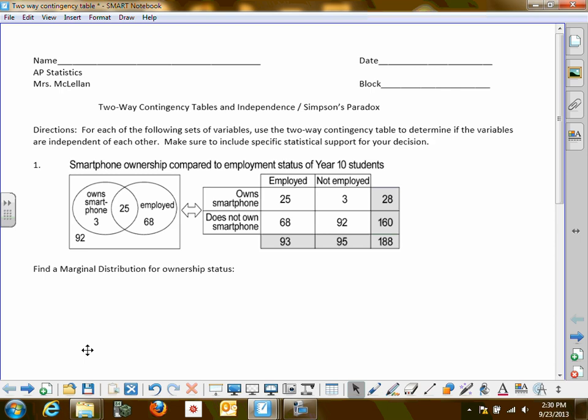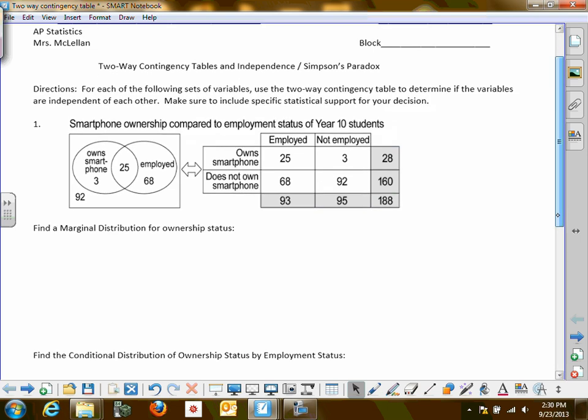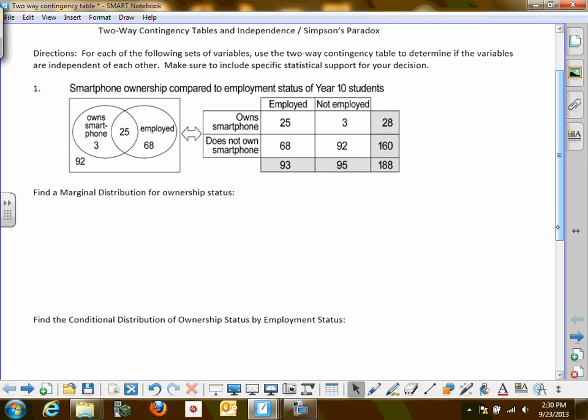So let's take a look at this. This is a comparison of employment status and ownership of a smartphone. So let's look at this Venn diagram. One circle owns a smartphone. One circle is the employment status. So owning a smartphone status and employment status. Those are the two variables that we have.